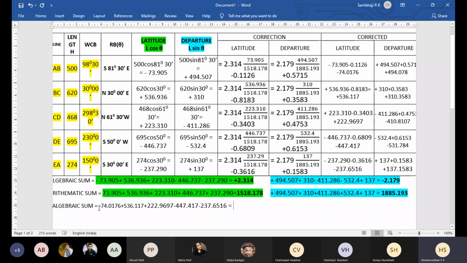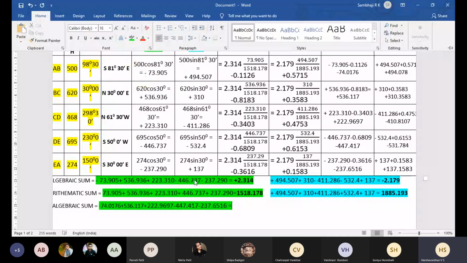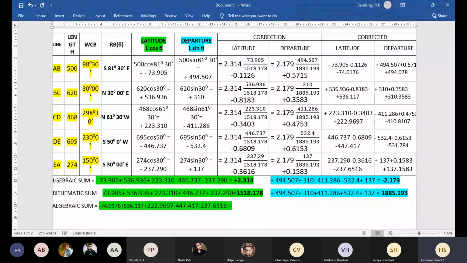So this value is equal to 0.0003, sir. It is almost equal to 0, a negligible quantity.